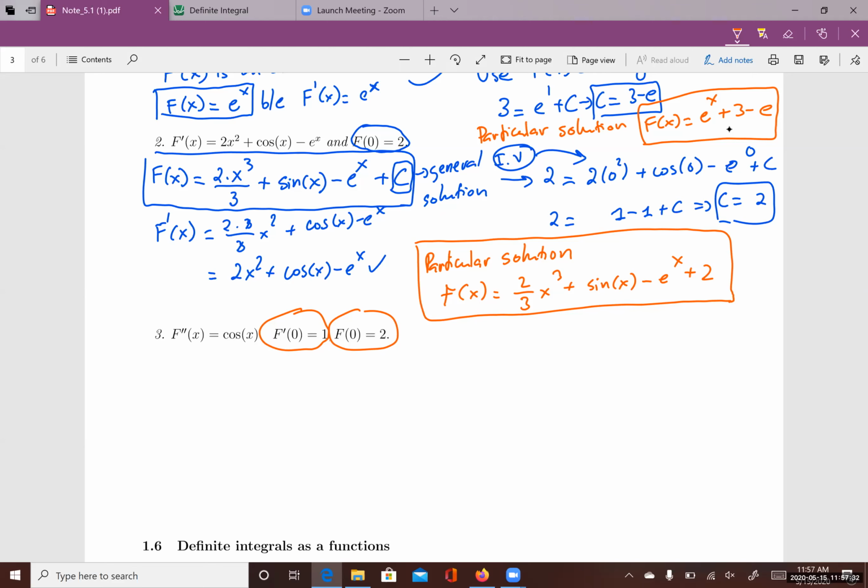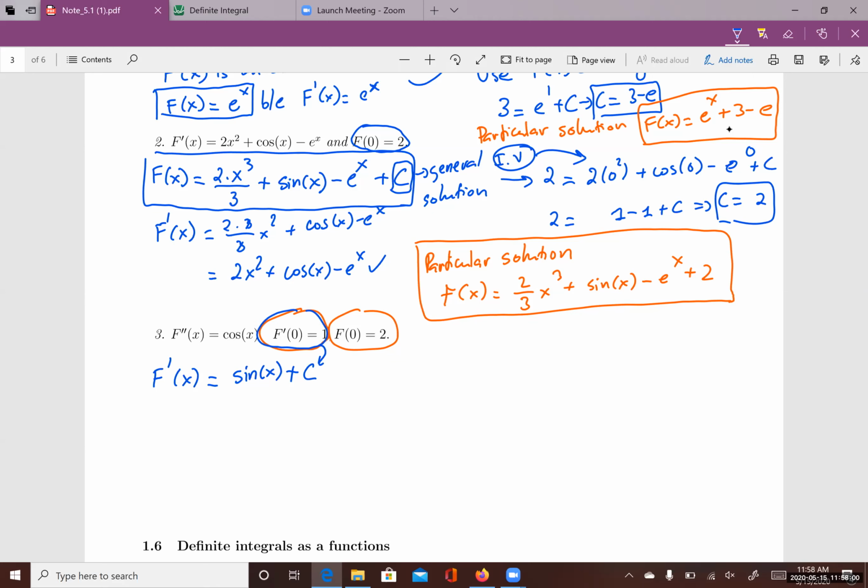So let's try to find it. Again, you have the second derivative, you want to get to the first derivative. In order to find the first derivative, we just find the antiderivative of the second derivative. So the antiderivative of cosine is sine, because the derivative of sine is cosine, right? Plus c.